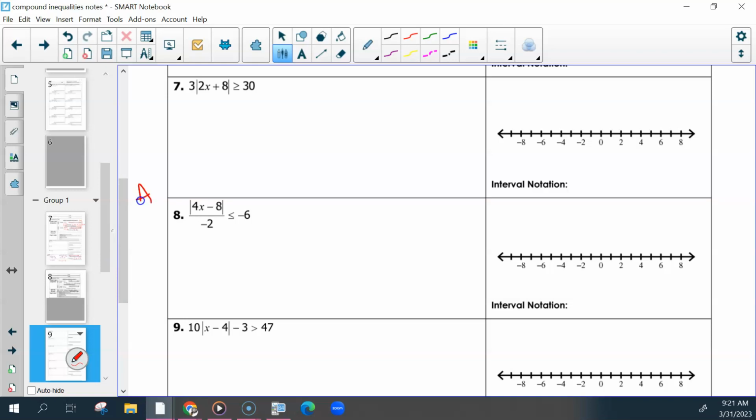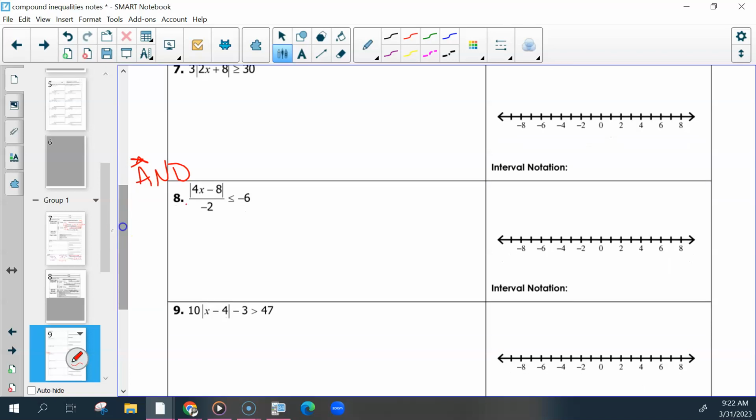So I'll put and after. So for isolating, we have to get rid of the negative 2. How would we do that? Multiply by negative 2 on both sides. Remember that when we're multiplying or dividing by a negative, the sign is going to change.